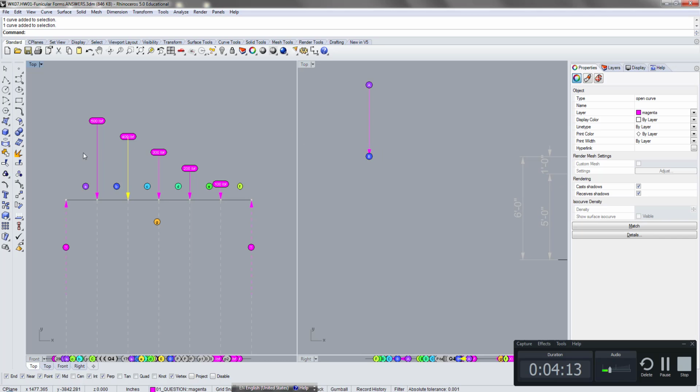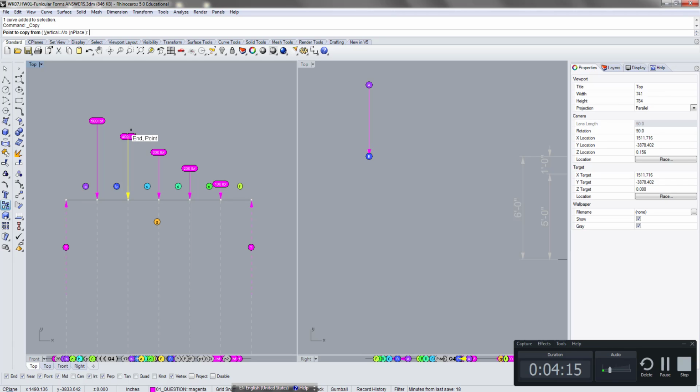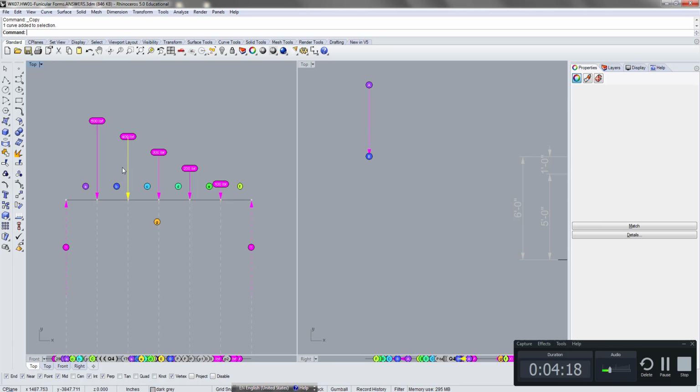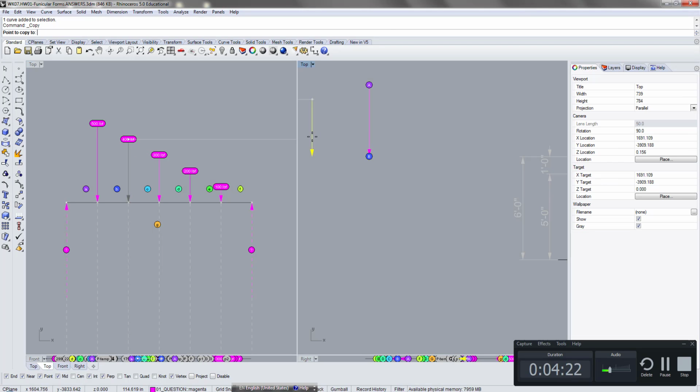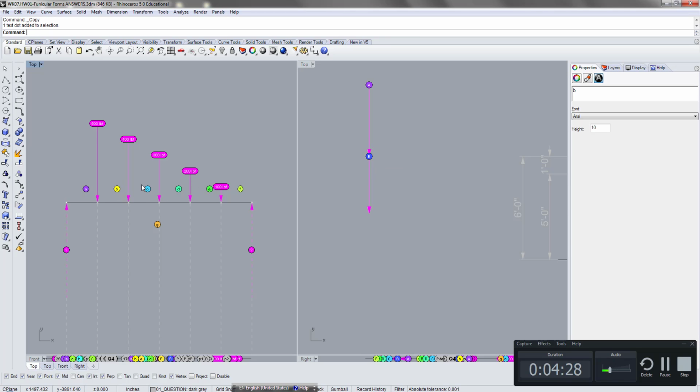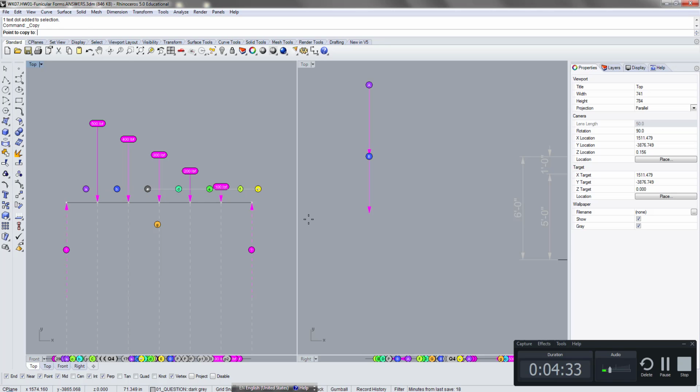Next you map the 400 pound, and since this is between B and C, it starts from point B and its end point on the force diagram is C.